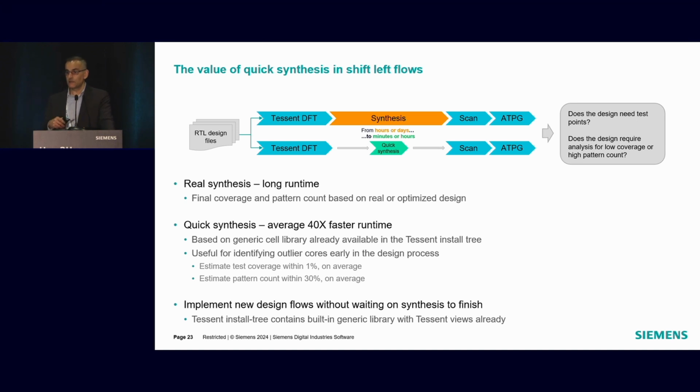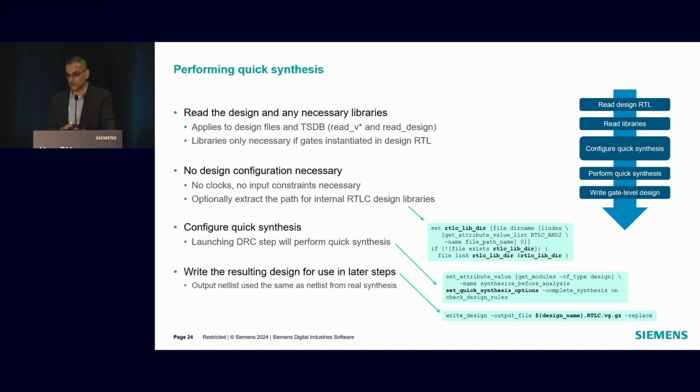And also with pattern count, you won't get as close because it's different, but you still get an idea. You can do some comparison and get a relative idea of, if I make some changes here, how will my design change? The way you do it is you read your design, and I think I have the commands. Yeah, you read the design, read your libraries that might be needed.